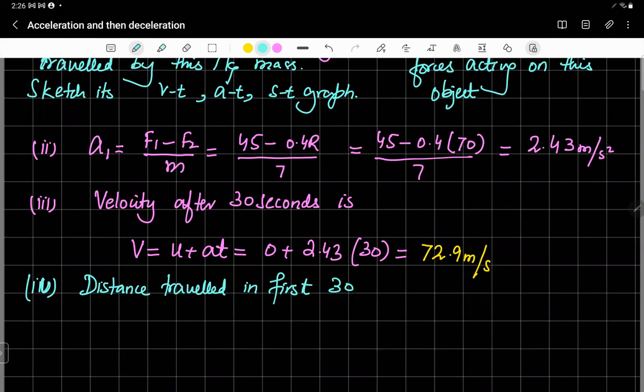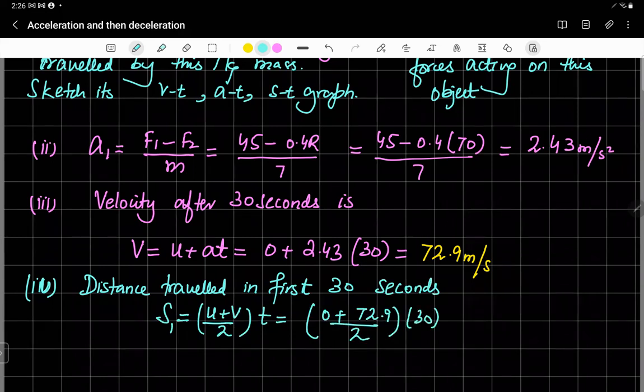Distance traveled in the first 30 seconds is, please do this calculation.